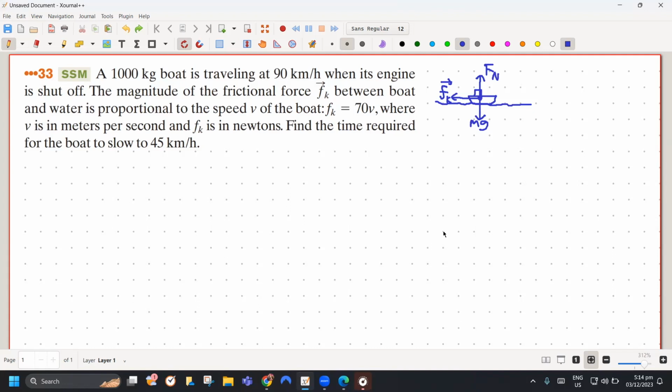Kailangan mo isulat yung equation. So ano yung, from Newton's first law, ano yung force, yung net force. Nagawa mo na ba to or hindi pa? Gawa ko na po. Okay. So patingin. Ayun.